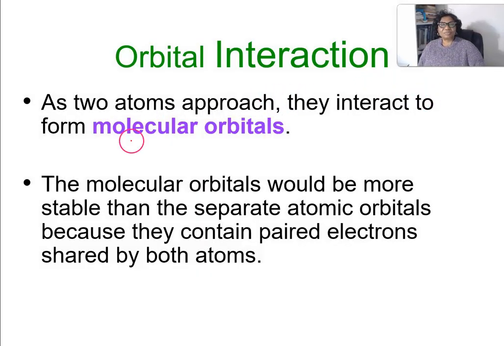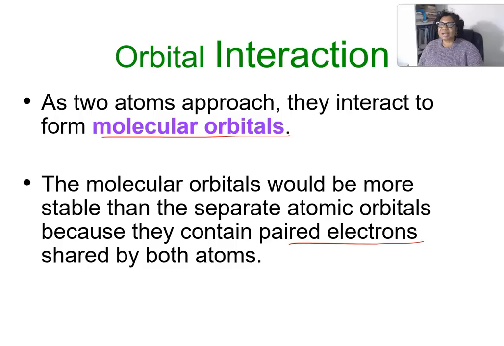Orbital interaction: as 2 atoms approach, they interact to form molecular orbitals. The molecular orbitals will be more stable than the separate atomic orbitals because they contain paired electrons shared by both atoms. So that is the valence bond theory.